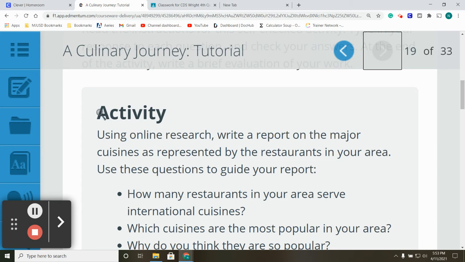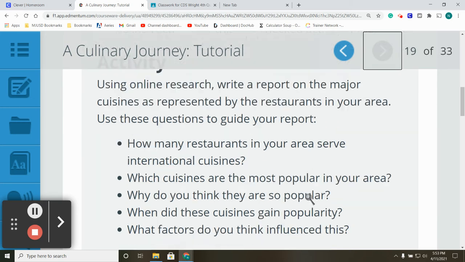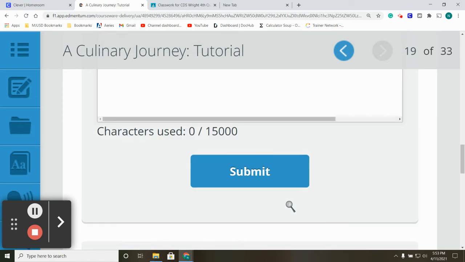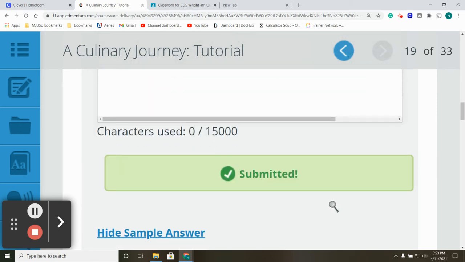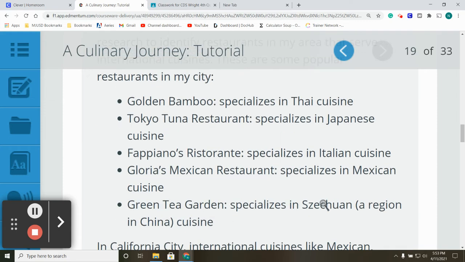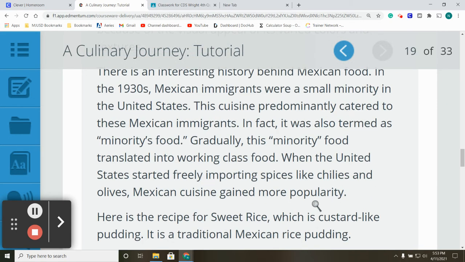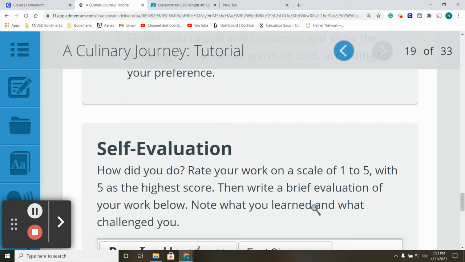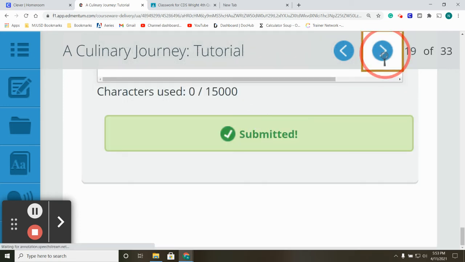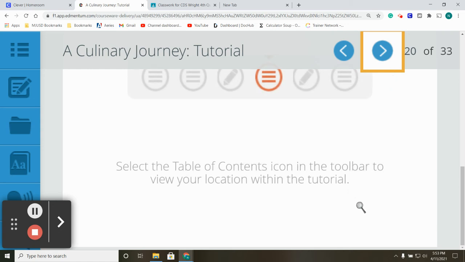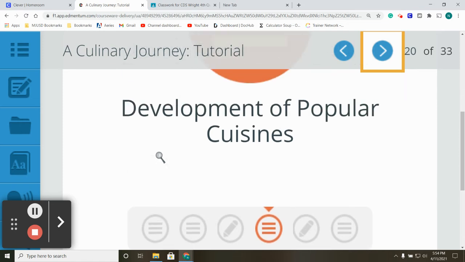A suggested activity would be menu items for different areas. So a restaurant menu that contains menu items from different areas of the world, different world cuisines.